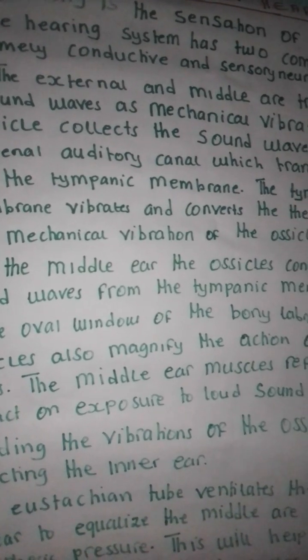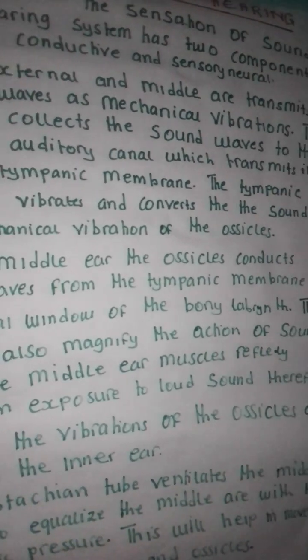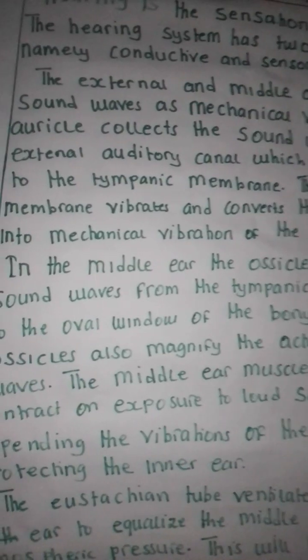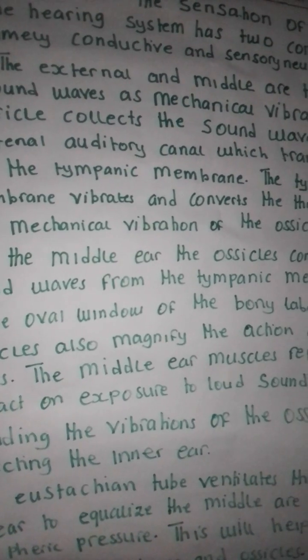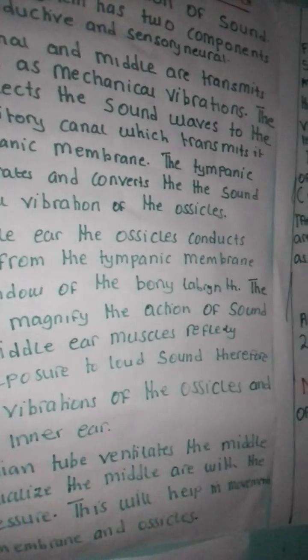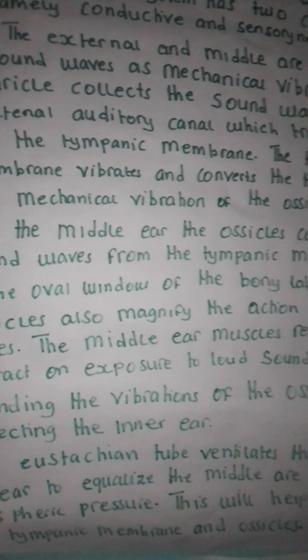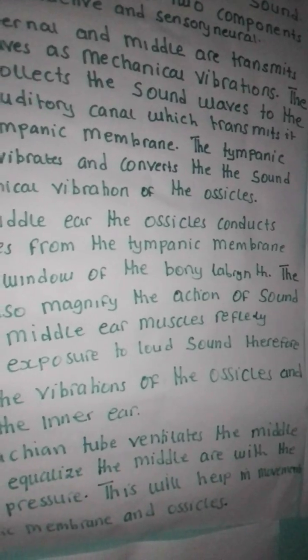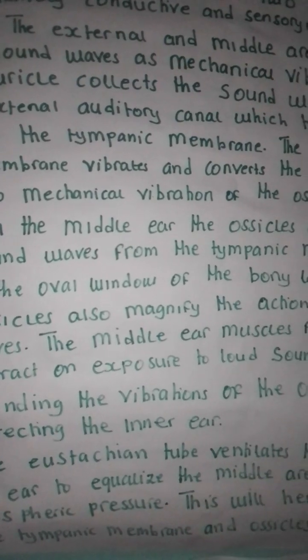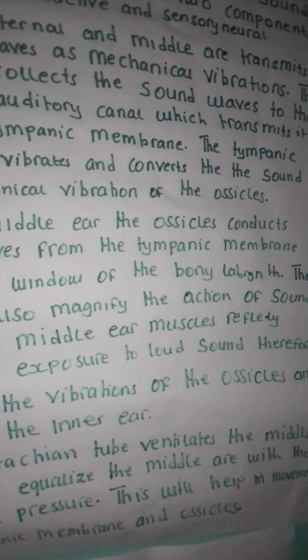The auricle collects the sound waves to the external auditory canal, which transmits it to the tympanic membrane. The tympanic membrane vibrates and converts the sound into mechanical vibration of the ossicles.